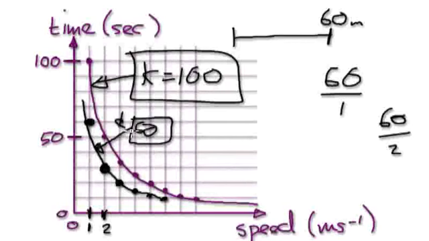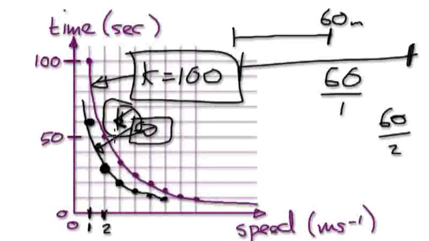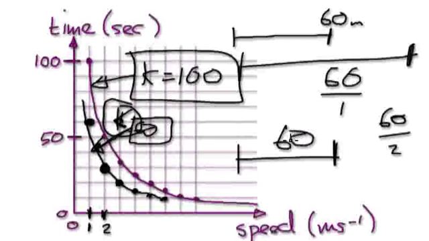Don't worry if you don't understand this. What I'm trying to say is that you've got lots of different values of k, and each k represents a different scenario. For the 100 one, we are talking about a distance of 100 meters. For the 60 one, we are talking about a distance of 60 meters.